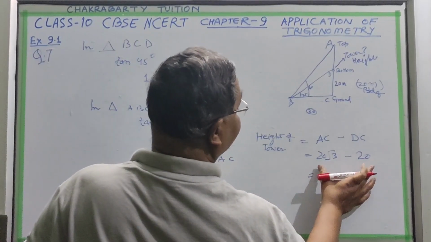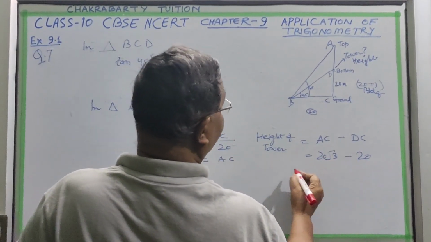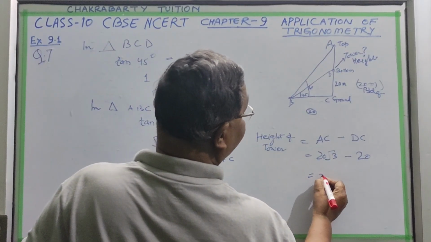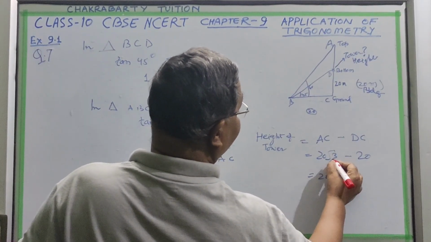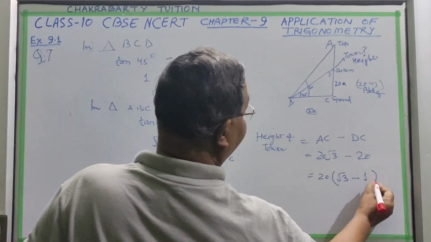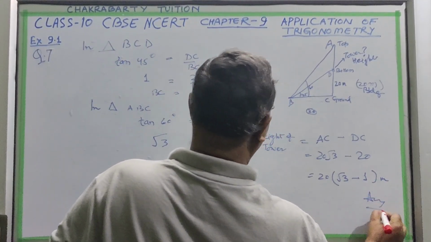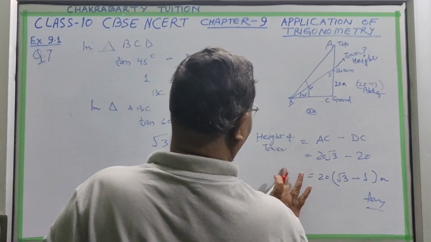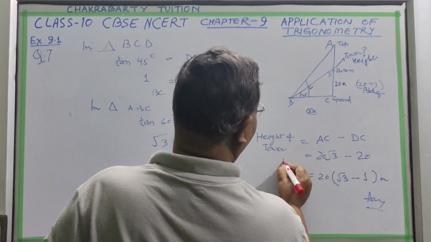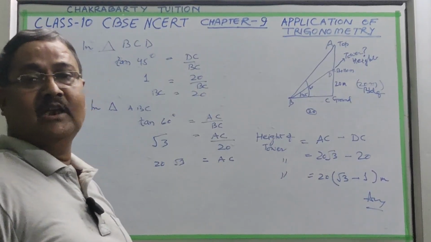So how can we subtract? If such a situation arises, you take the common factor out. So we take 20 out. What will remain here? Under root 3. What will remain here? 1. So this will be in meters, and this will be your answer for the height of the tower. By this, the 7th question is over.